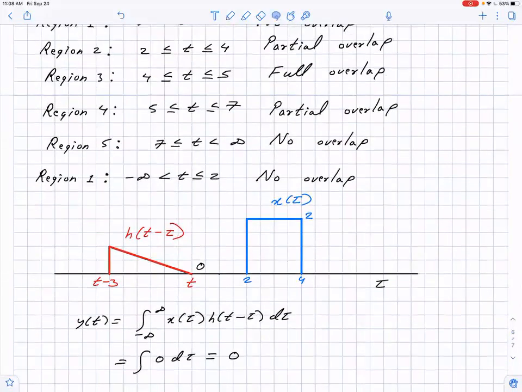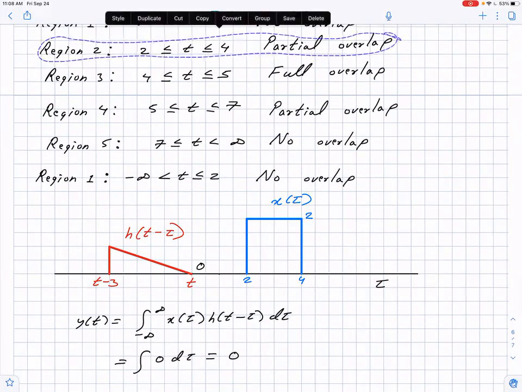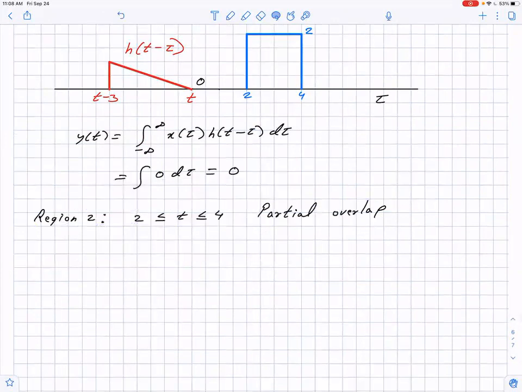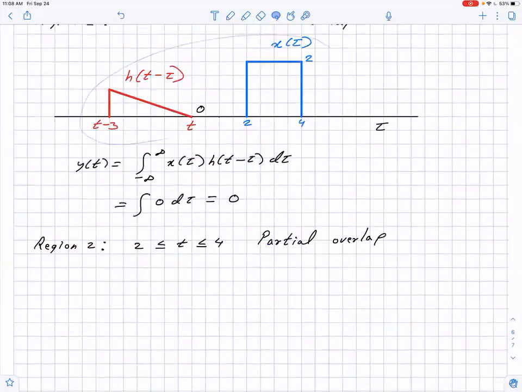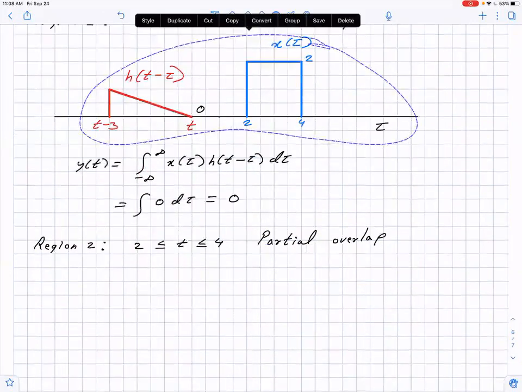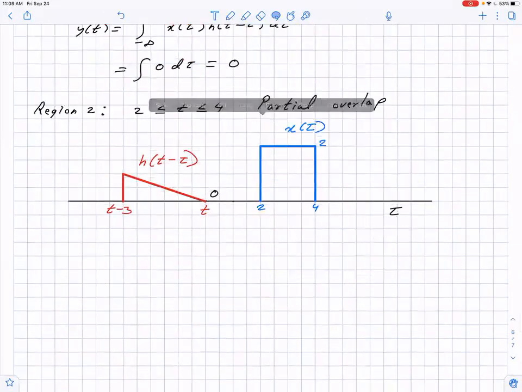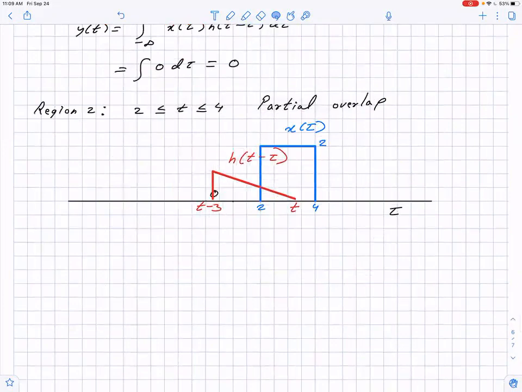Now let's consider the second one where we saw partial overlap. We're going to draw a graph to show how the two functions interact. Let's draw it like this. And let me shade the overlapping segment.